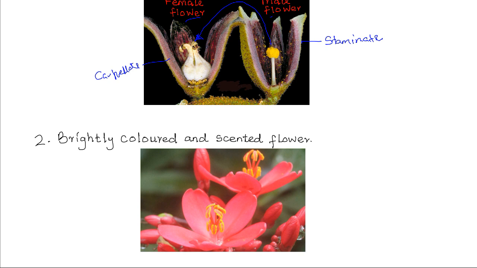So as insects come to land on this particular flower, they feed on nectar and then fly onto another flower, in the process carrying pollen grains from this flower here onto the next one. So these attractants, the bright color and the smell, the scent, attract the insects, and as they move from one flower to another, they transfer pollen grains, thereby effecting cross-pollination.